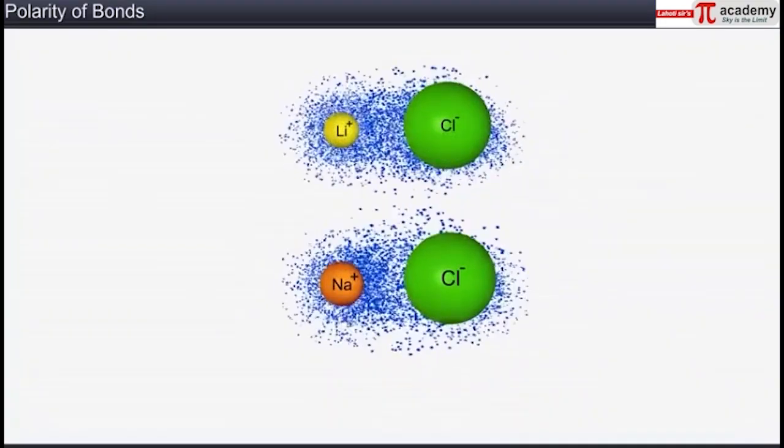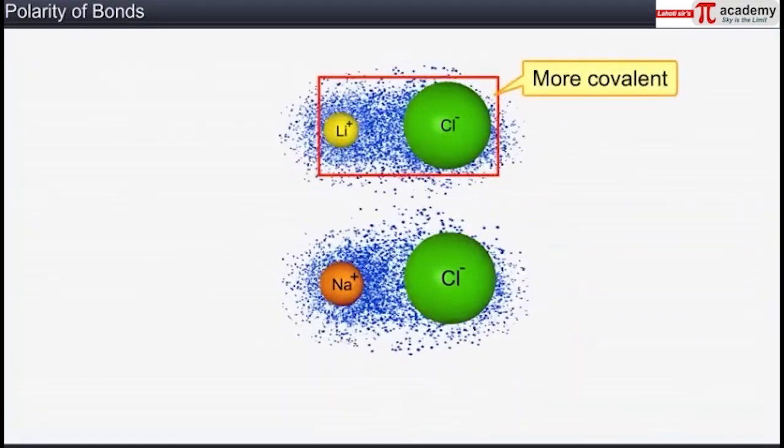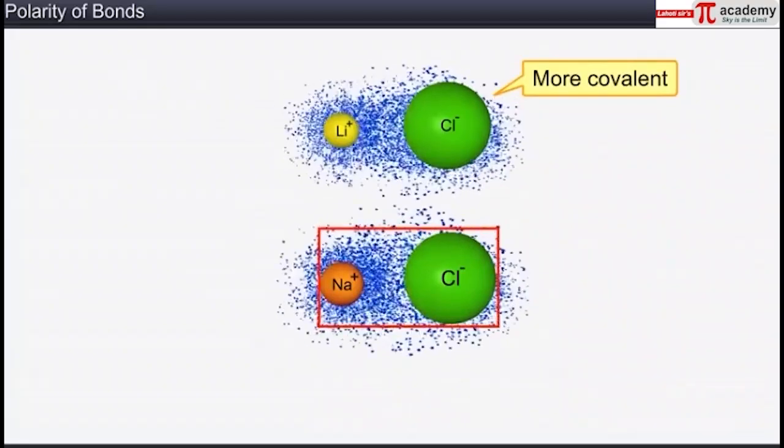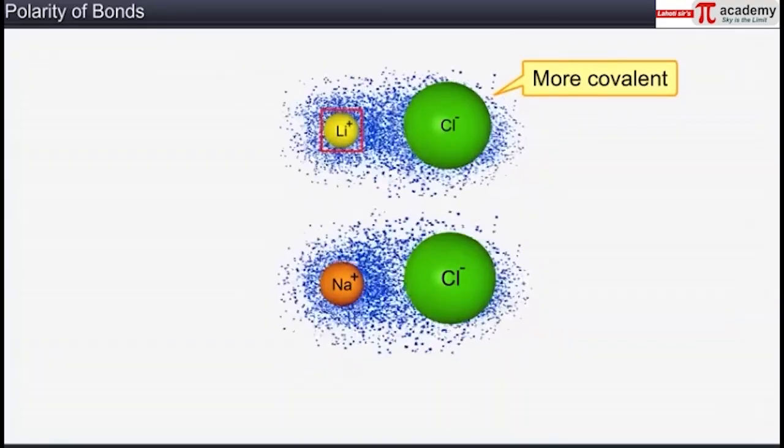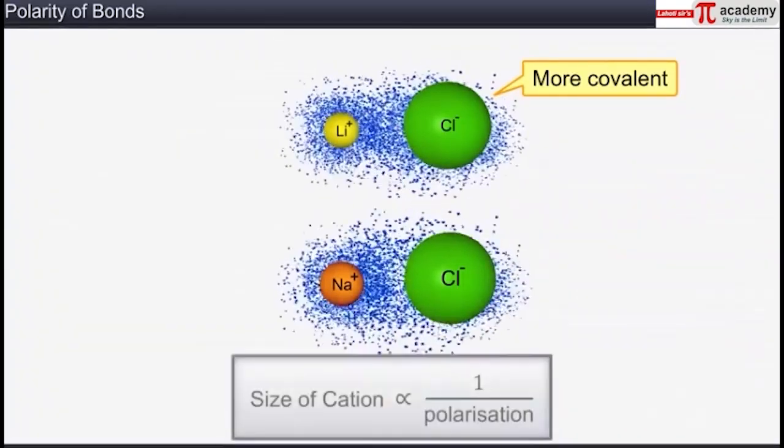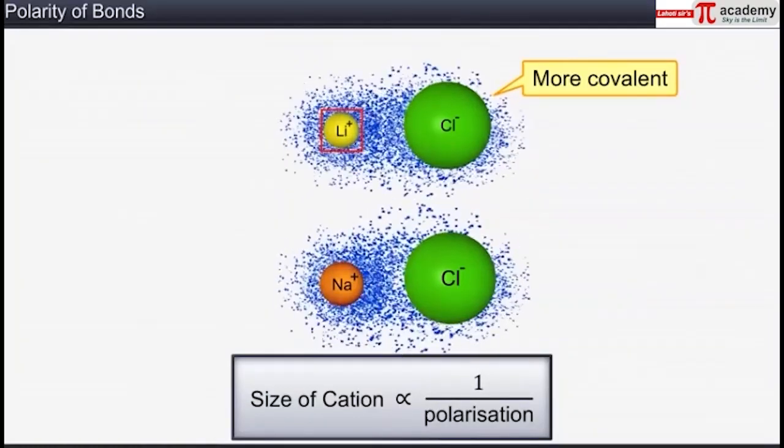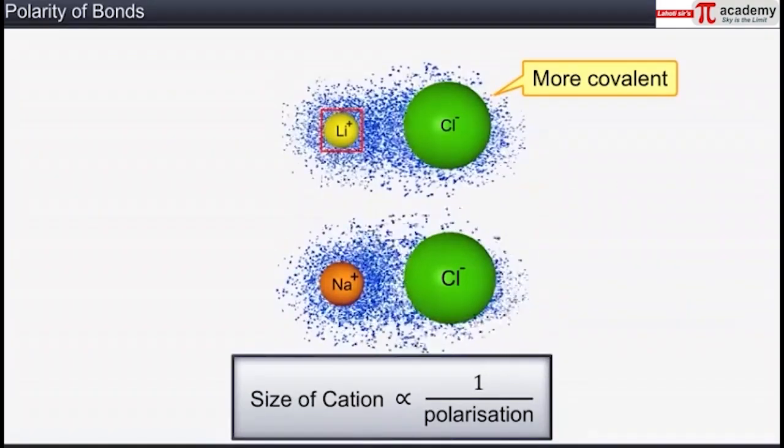For example, lithium chloride is more covalent than sodium chloride because the size of the lithium cation is less than that of the sodium cation. The smaller cation has a higher electron density, and hence, it can distort the electron cloud of the anion easily.